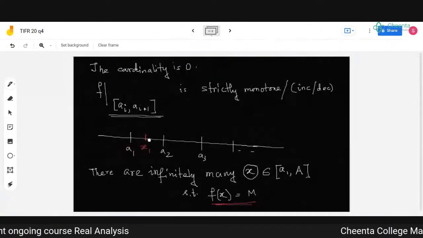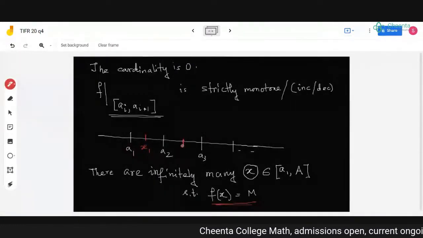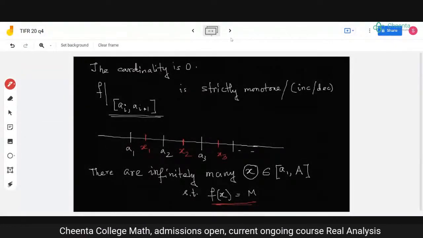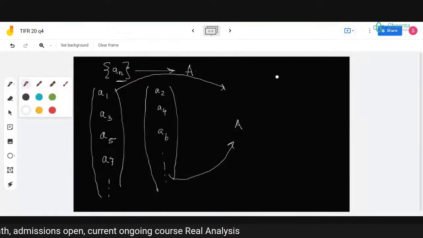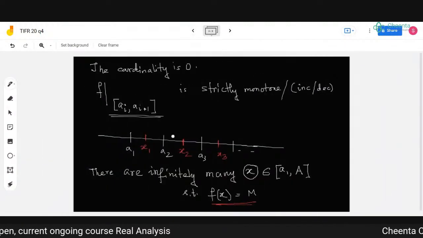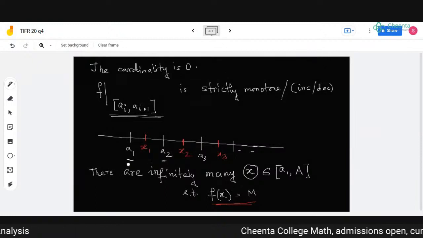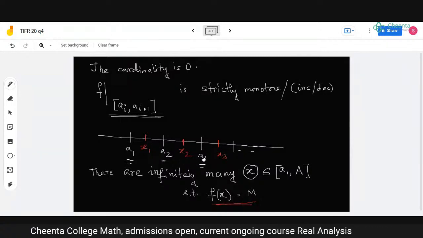Now, since I'm picking these x_i's from each of these intervals, I can very well write something like this. x1 is between a1 and a2, so then it is pretty much in between a1 and a3. Correct?